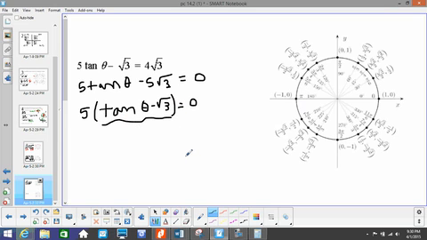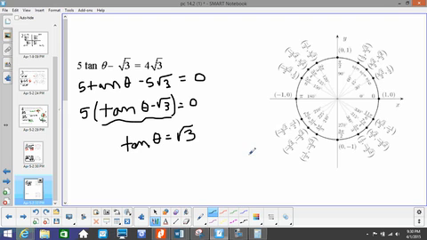So I'd have tan theta minus radical 3 equals 0. I'm going to do that step in my head and say that tangent of theta equals radical 3.